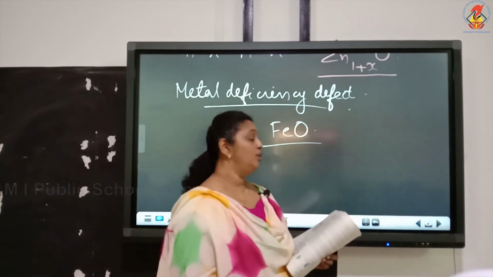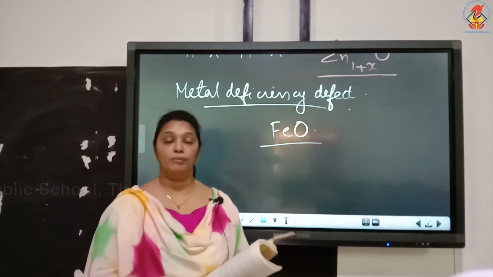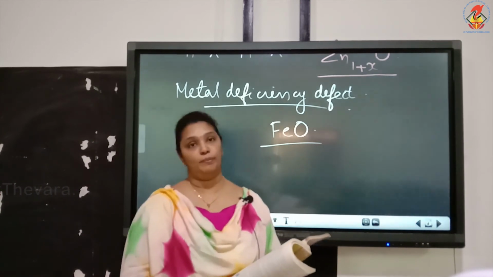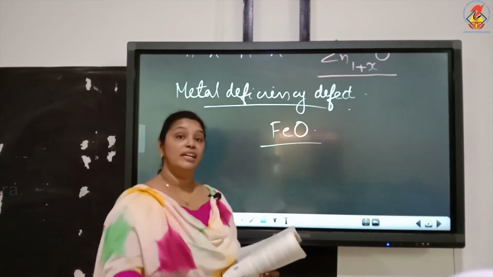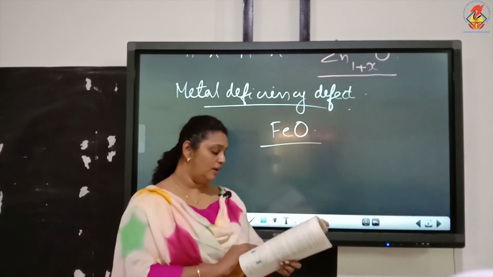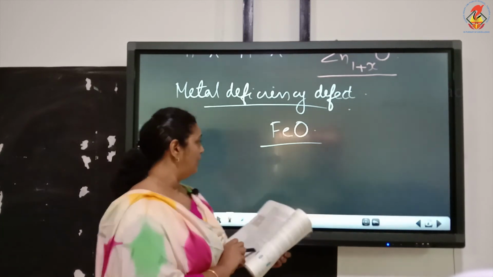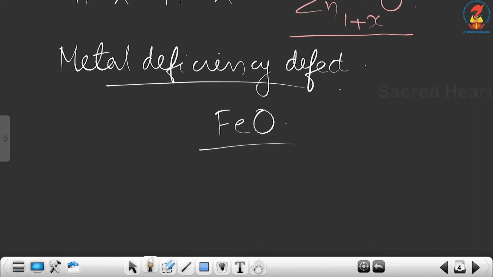Why FeO is not formed in stoichiometric composition, which means that FeO is a non-stoichiometric compound and it is metal deficiency defect. Now, this FeO, actually the composition is 1:1, the ratio, but since it is metal deficiency, the composition of FeO is Fe0.95O.